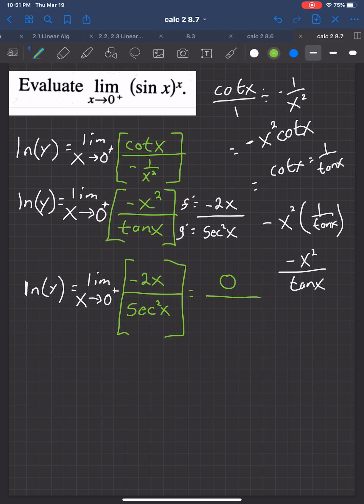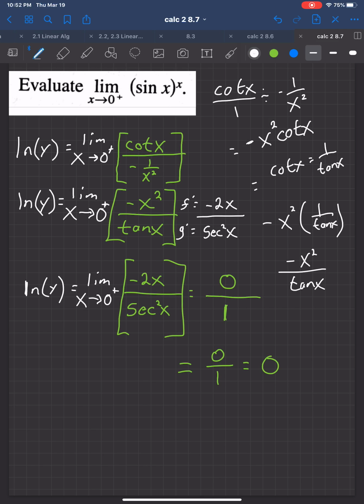But actually, if you look at the graph of secant squared, if you evaluate the limit as x approaches 0 from the right, it actually approaches 1. So this worked, right? I had to rearrange some things so that I could focus on graphs that I could picture in my head off the top of my head. But we do get 0 over 1, and of course 0 divided by 1 is just equal to 0.